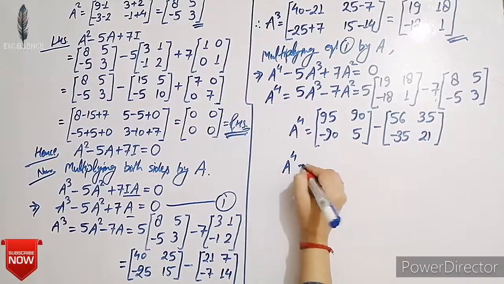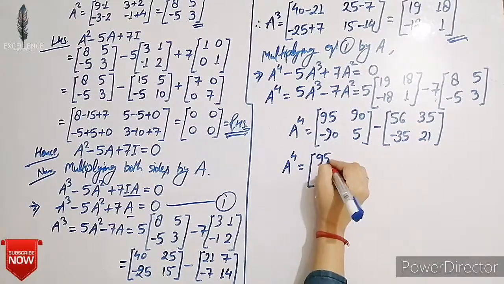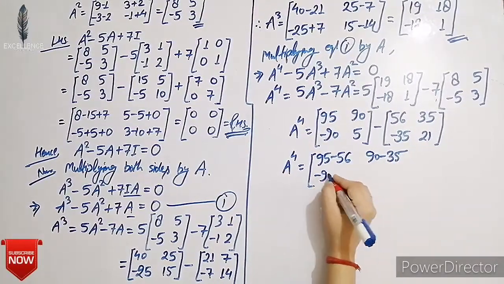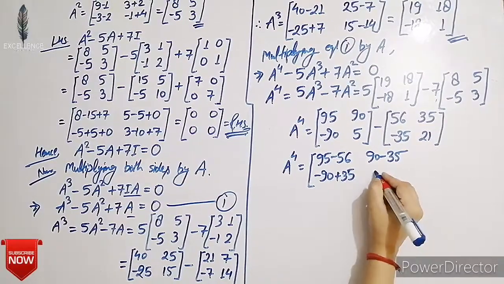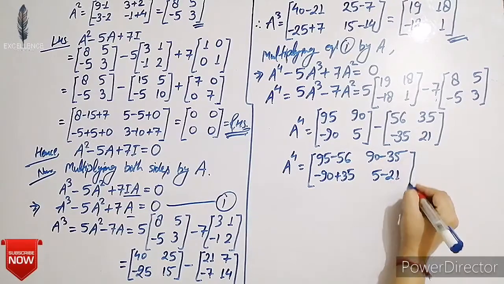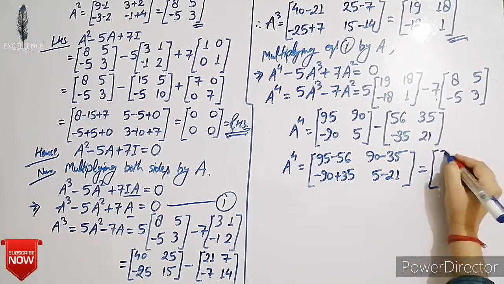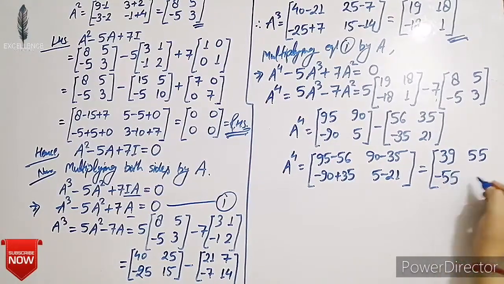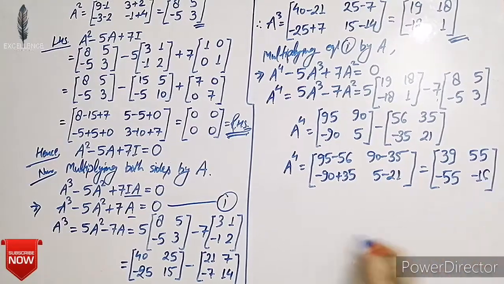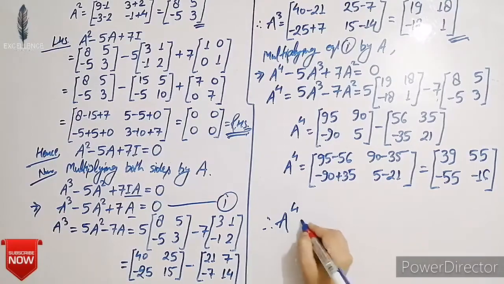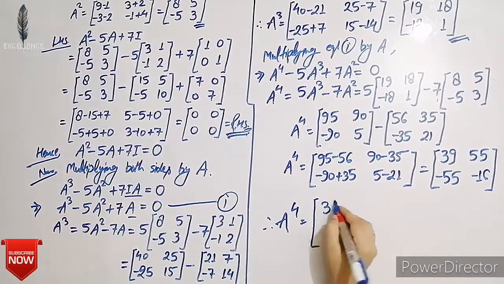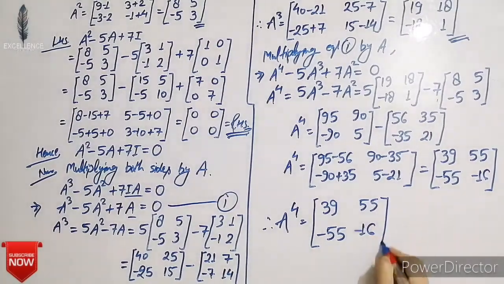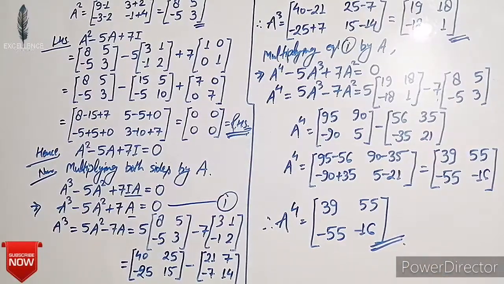On subtracting the corresponding elements, we get here 95 minus 56, minus 90 plus 35, 90 minus 35, and here 5 minus 21, that is equal to [39, -55; 55, -16]. This is the required value of A raised to 4, that is equal to [39, -55; 55, -16]. Now, let us see the next question, question number 9.